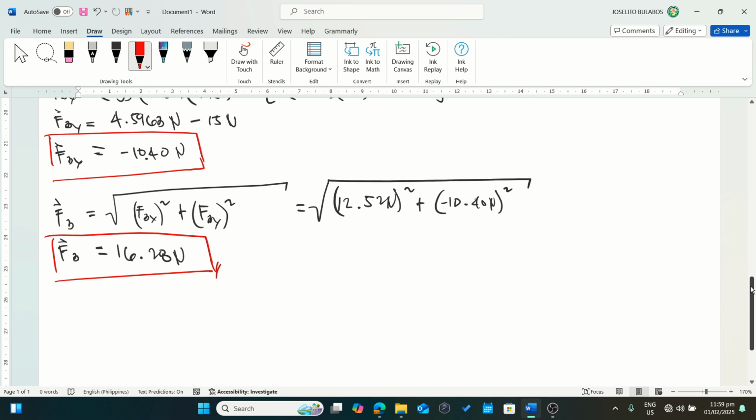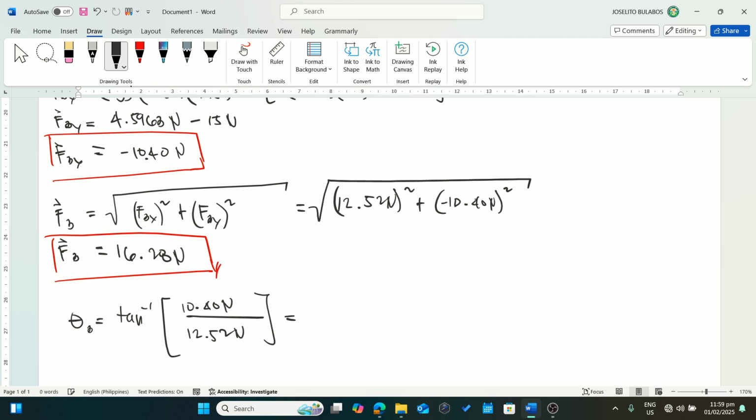Let us look for the direction of our F3. So the direction of F3 must be the tangent inverse of the absolute value of y, and so the absolute value of y is 10.40 Newton divided by x, which is 12.52 Newton, and we get an angle of 39.72 degrees, and this is our direction.